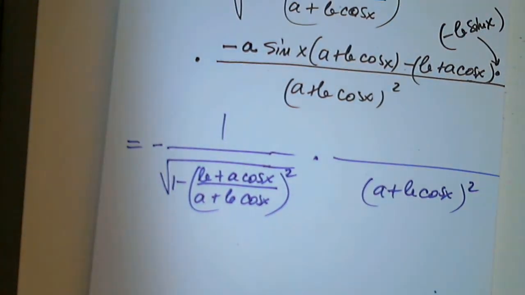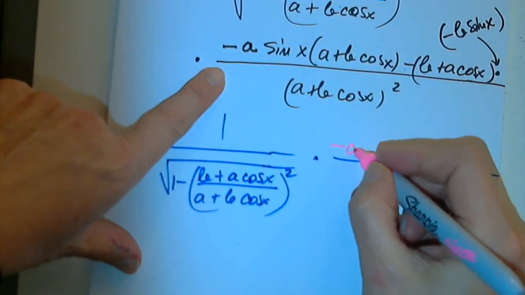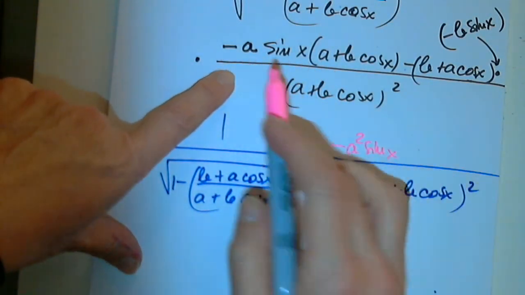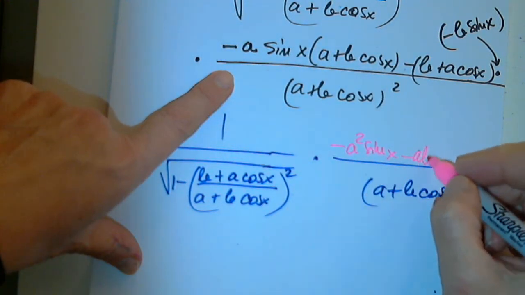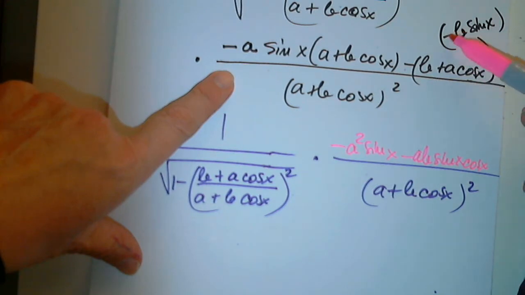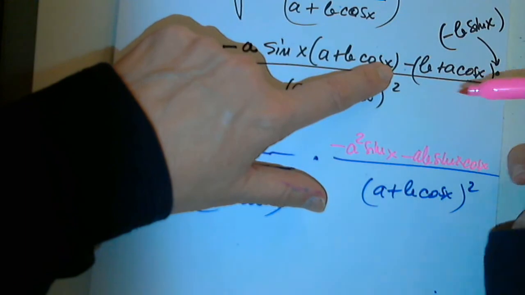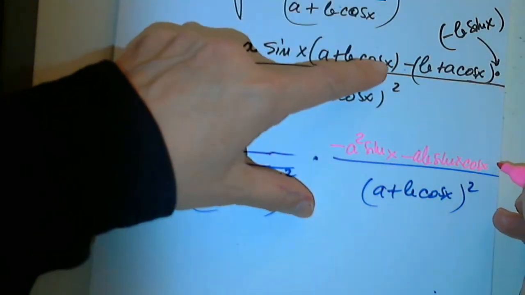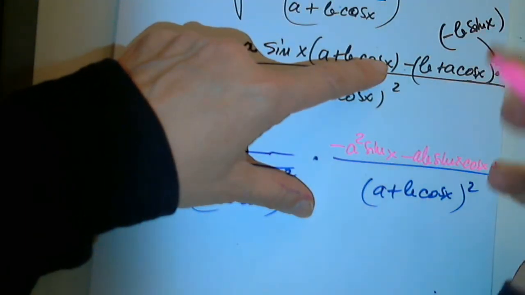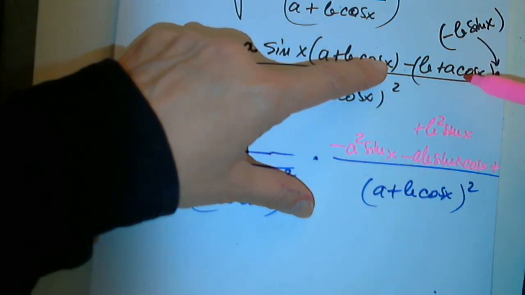Let's see if we can do anything to the top. Okay. This times this is minus a squared sine x. This times this is minus ab sine x cosine x. This times this, so there, now this will be always positive because there is negative and negative in front, so positive b sine x times b, and then plus ab sine x cosine x.